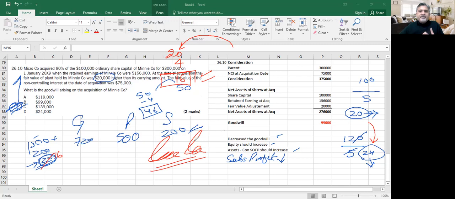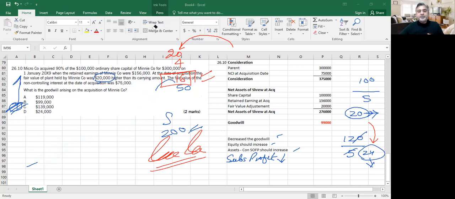Because you did a fair value valuation. You said that my asset, because of the fair value thing, we are moving it up 20K. But my point is that 20K it went up, but then there was an additional depreciation which was charged to P&L. So the impact of that depreciation, if I remove it, just like my other assets, just like this 100 will come down to 80, this 120 will also come down to 96.